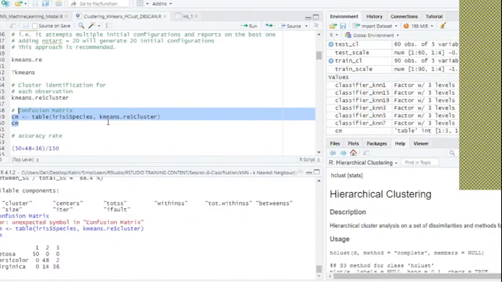And if I create a confusion matrix, I create a table for the original species, iris dollar species, and the K means result, that is the name of my cluster.